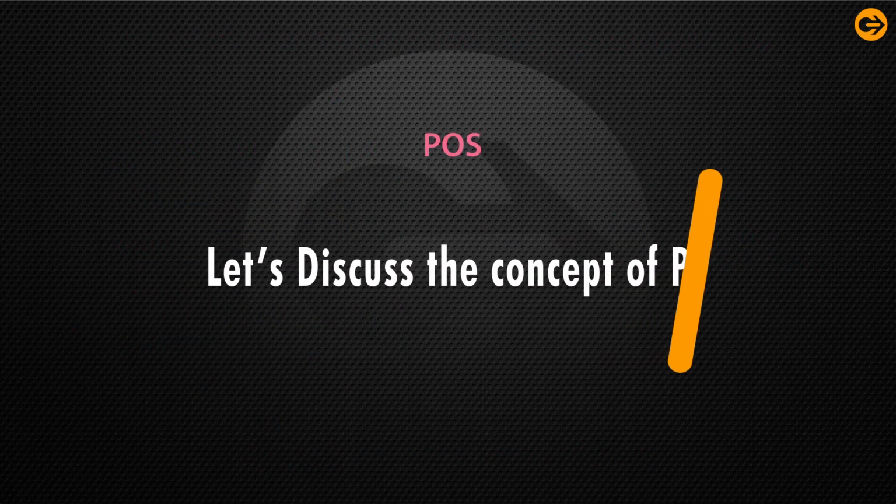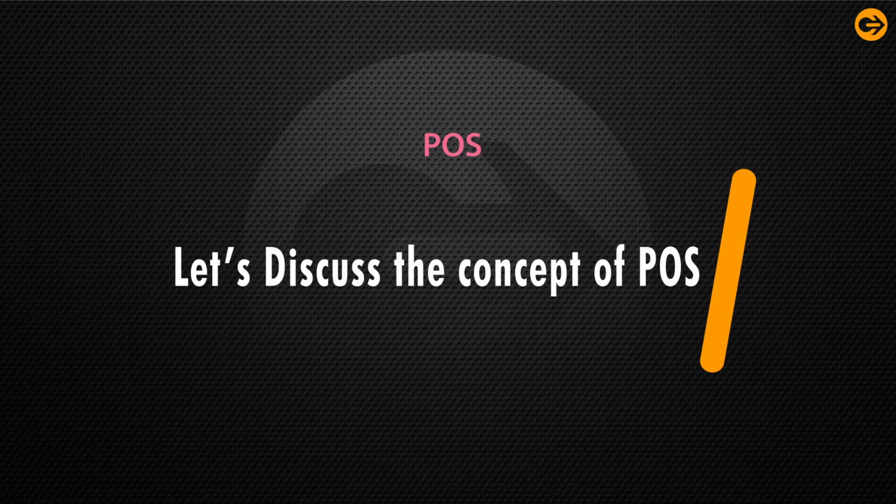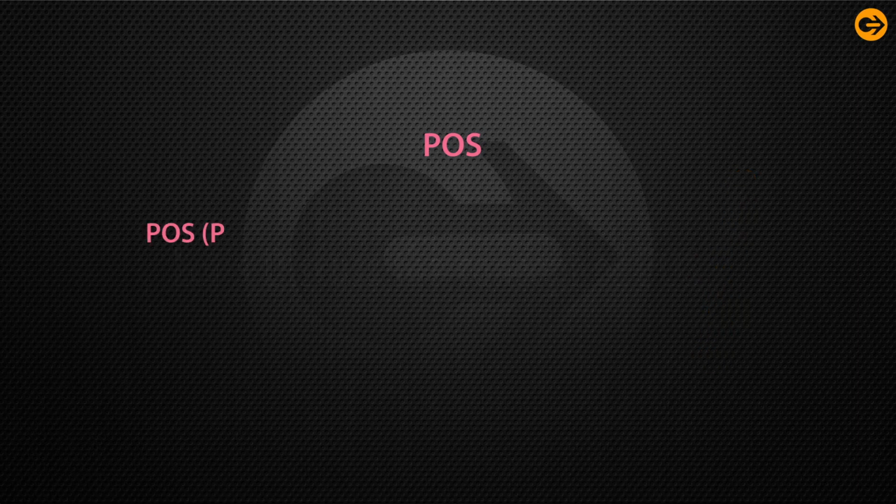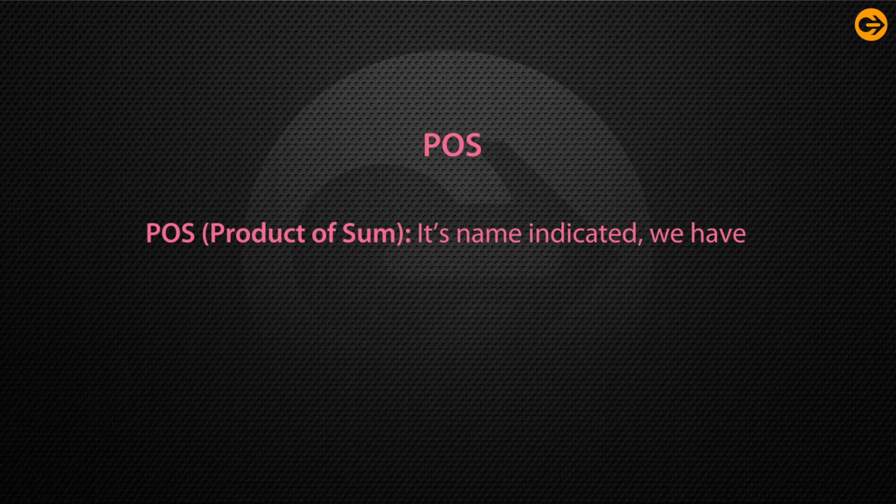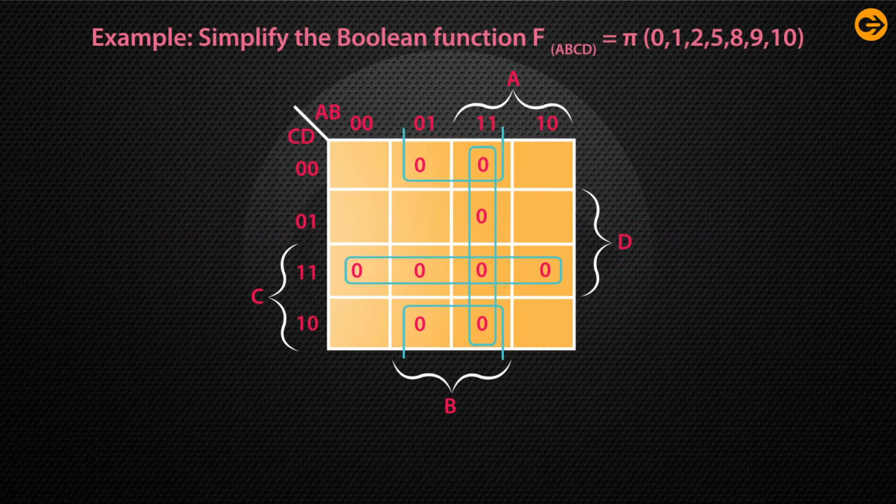Now let's discuss the concept of POS. POS, or product of sum, as its name indicated, we have to multiply the adder factor. This illustrates that sometimes it is called maxterm. Here, 0 is represented by a variable A or any other variable. 1 is represented by the complement of the variable A or any other variable.